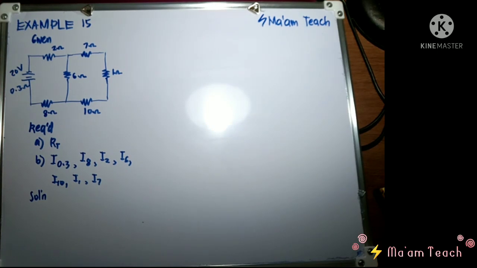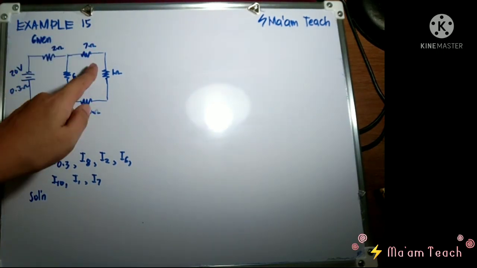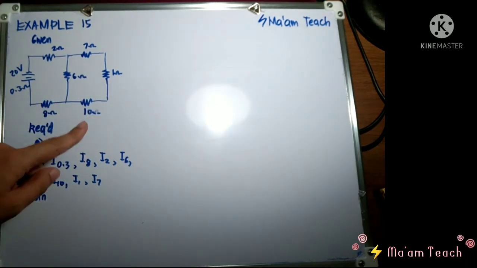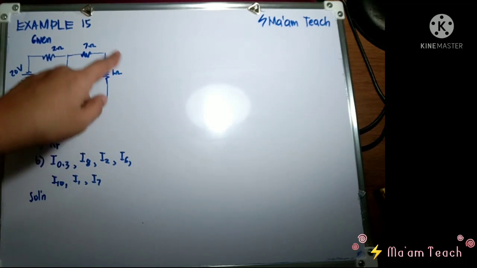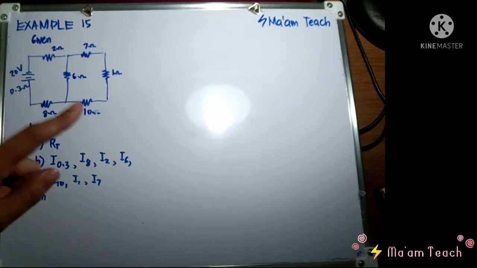When you try to simplify a circuit, you have to start in the innermost part of the circuit, which is this one. As you can see here, the 7 ohms, 1 ohm, and the 10 ohms are in what connection? Since they are end-to-end, in the same path, obviously they are in series.